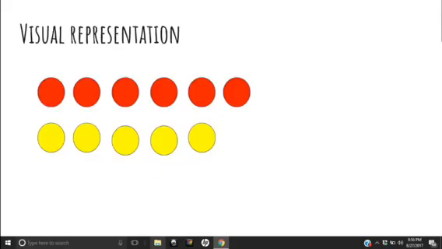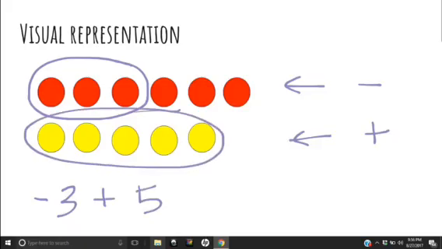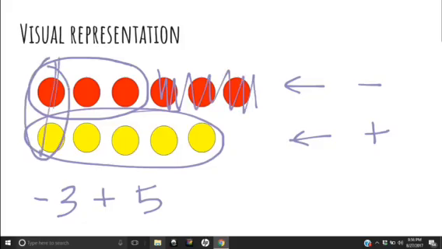You can sometimes think of positive and negative with chips. Red are negative and yellow are positive. If you take negative 3 and you add 5 to it, a positive 1 and a negative 1 cancel out. So those are gone. Here's another match.